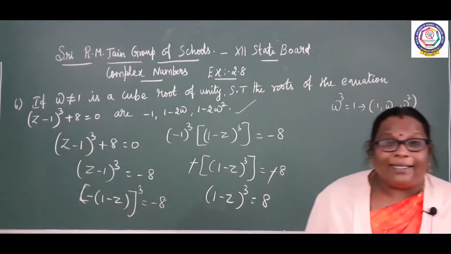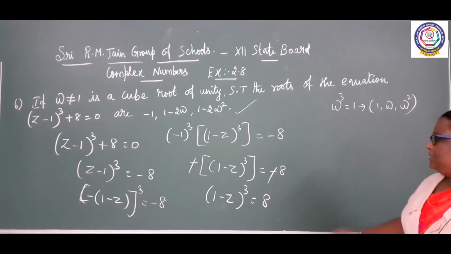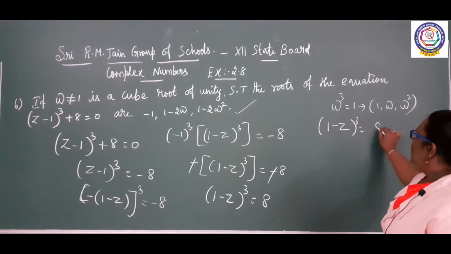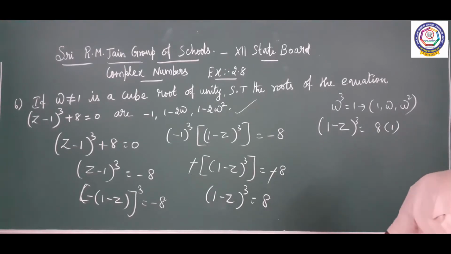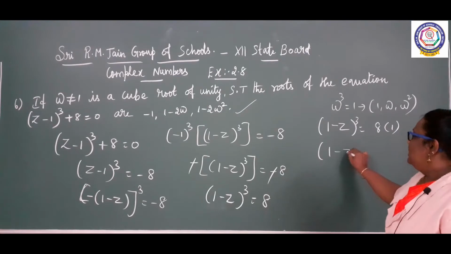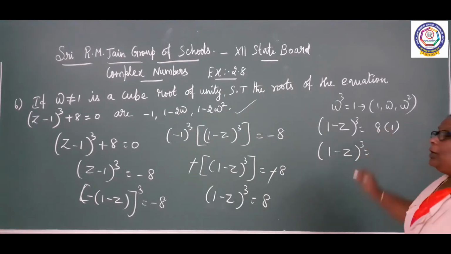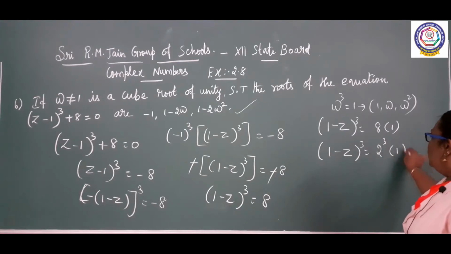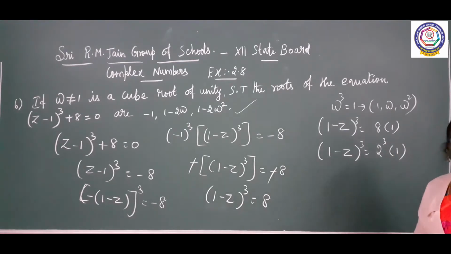8 I will write as what? 8 into 1. See here, (1 minus z) the whole cube equal to 8 into 1. 8 ones are 8. (1 minus z) the whole cube equal to 8, which becomes 2 cube into 1. But I want the value of 1 minus z alone.